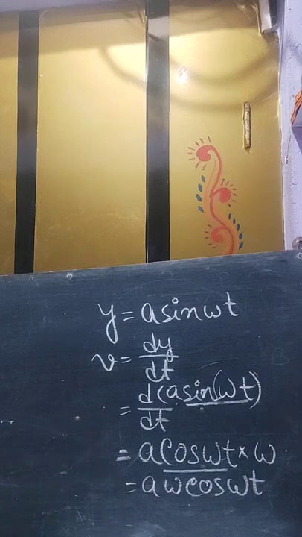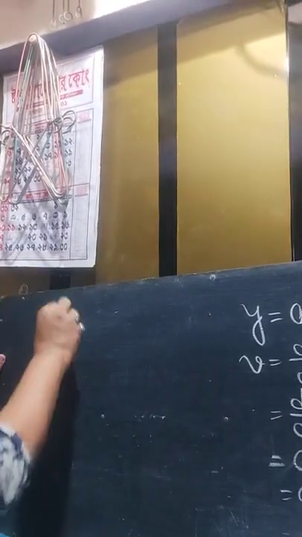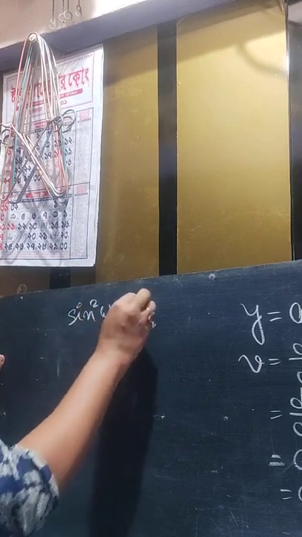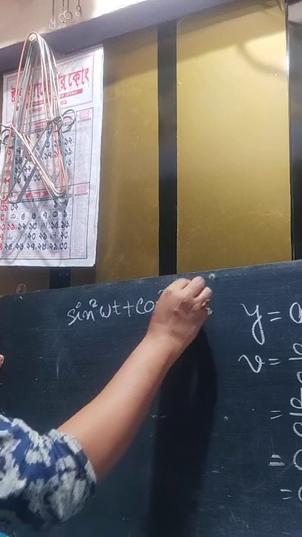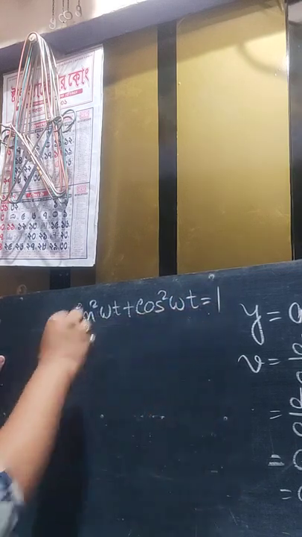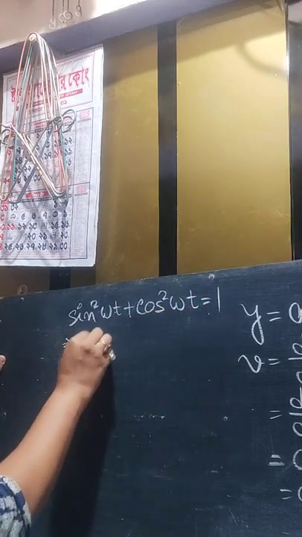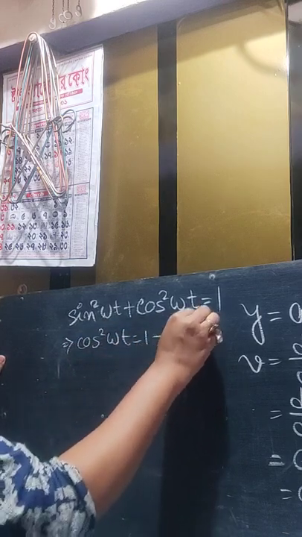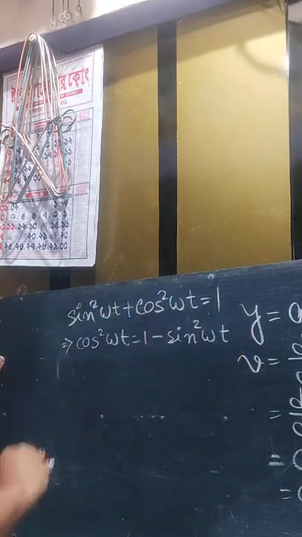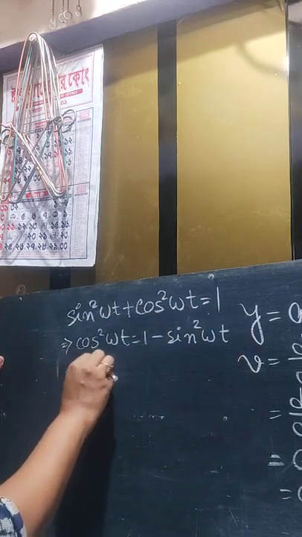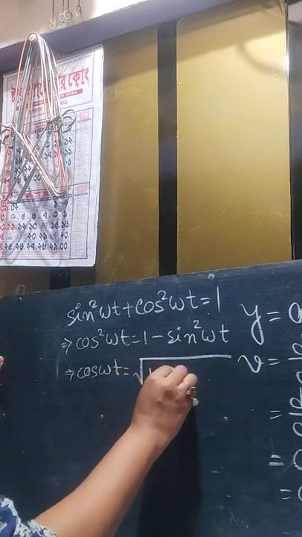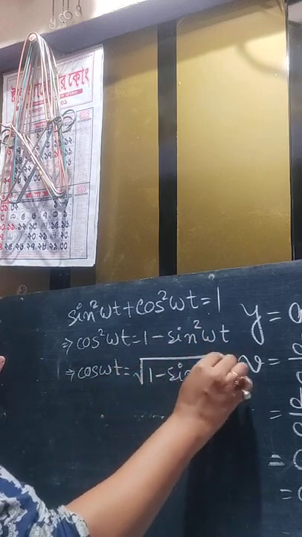Now, instead of cos omega t, what can we write? We know that sin square omega t plus cos square omega t is equal to 1. So, cos square omega t is nothing but 1 minus sin square omega t. Again, cos omega t is nothing but the square root of 1 minus sin square omega t.